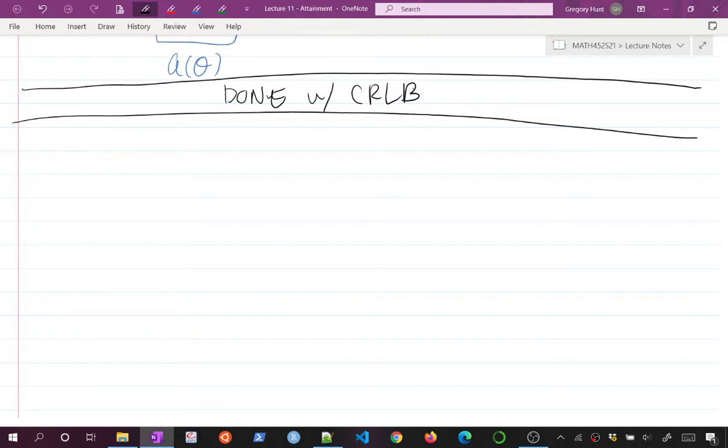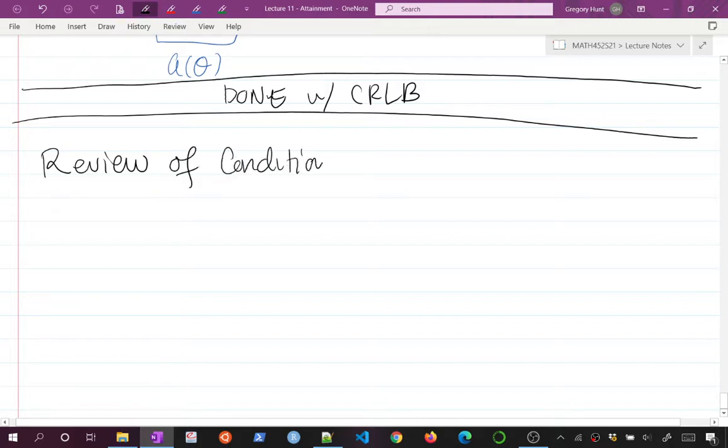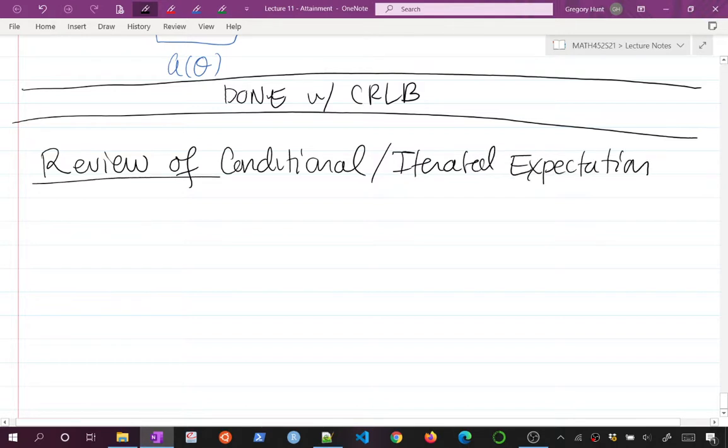We're going to approach this problem in the next couple of lectures from a different viewpoint, how to find the best estimator, and it's going to rely on conditional expectation. So we're going to spend the last part of this lecture on a review of conditional and iterated expectation.